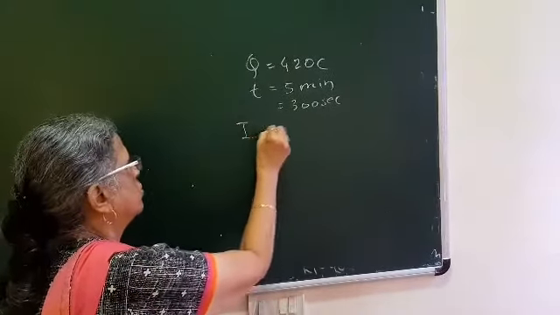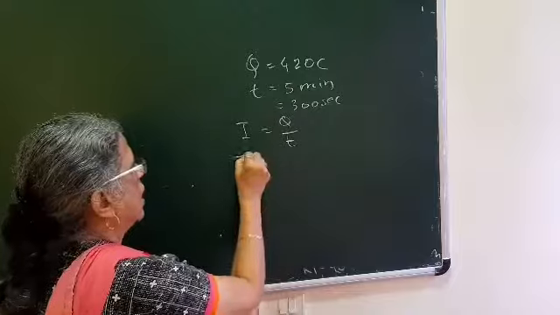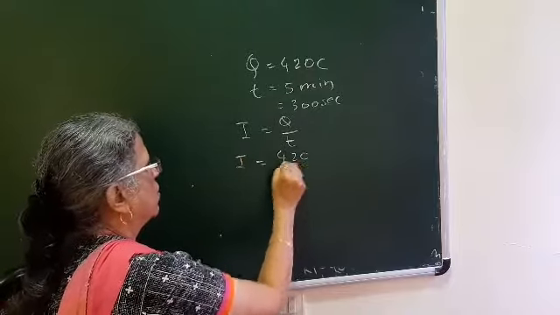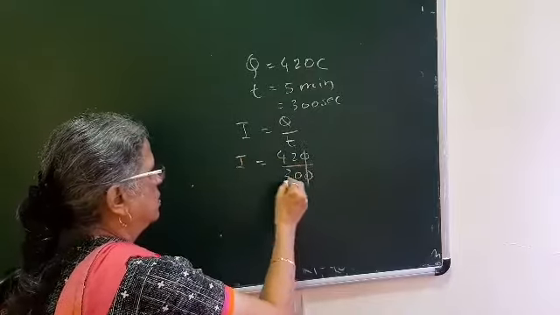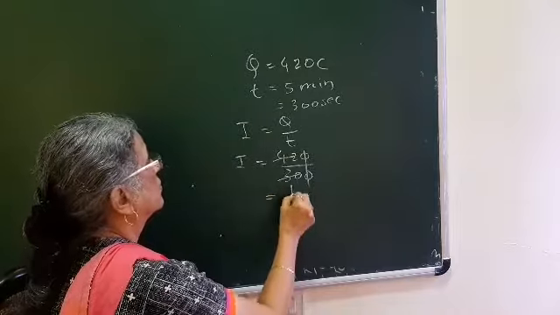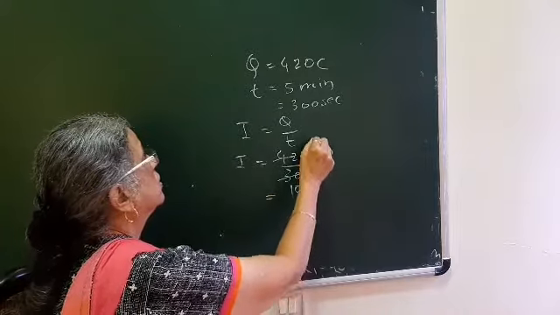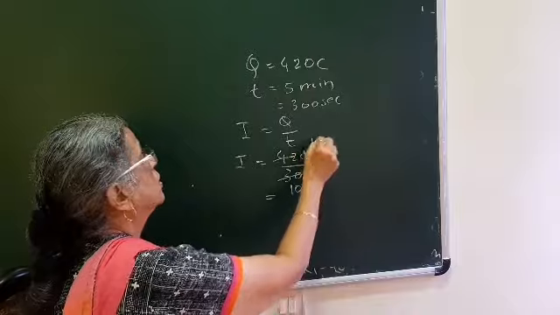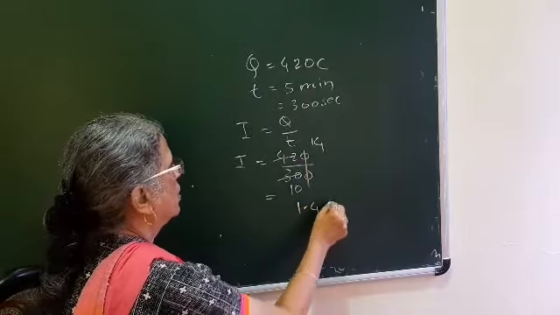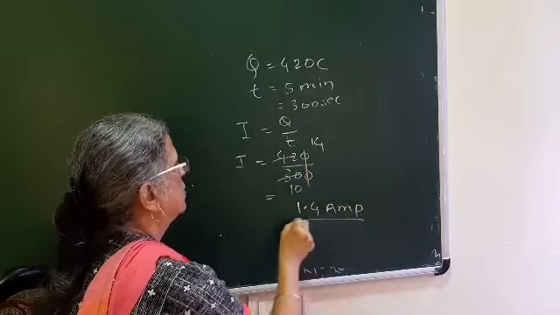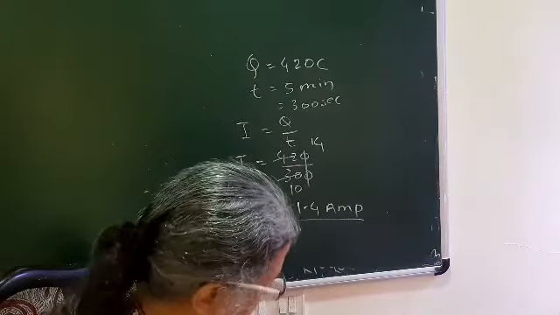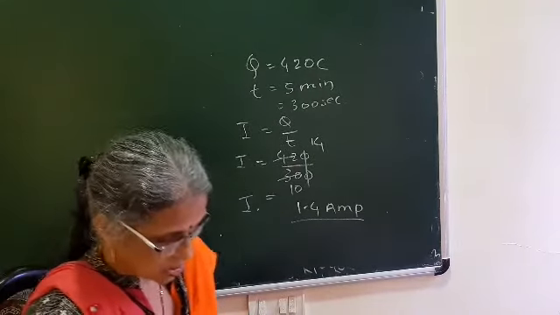So I equal to Q upon T. So I equal to 420 upon 300. So 1.4 ampere. So that is the third sum.